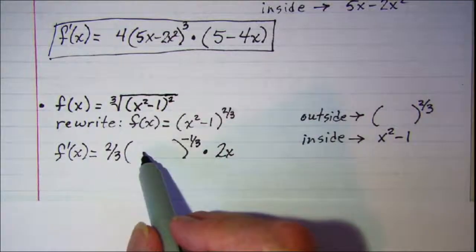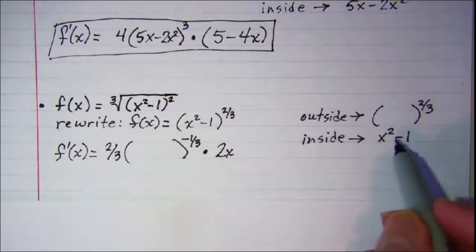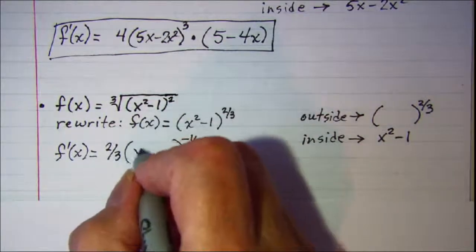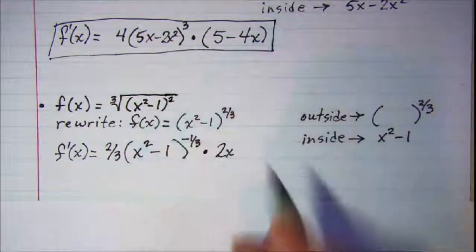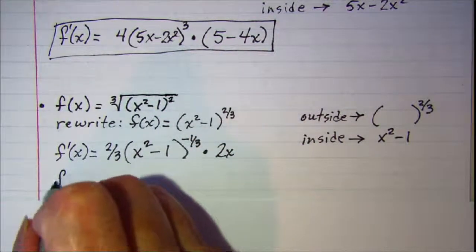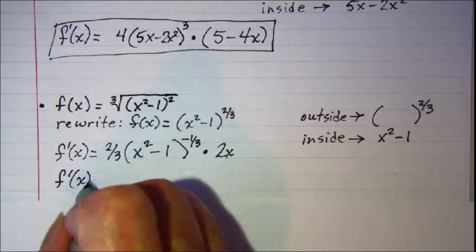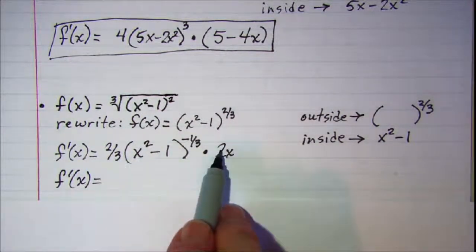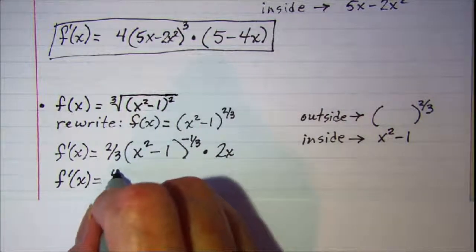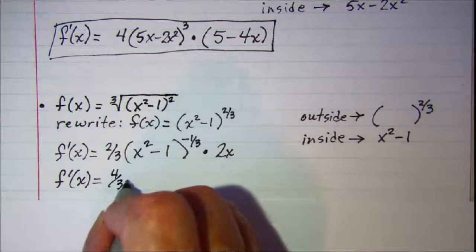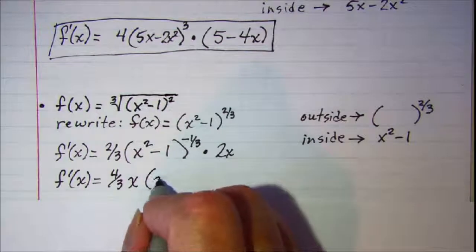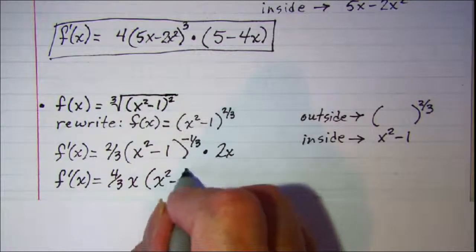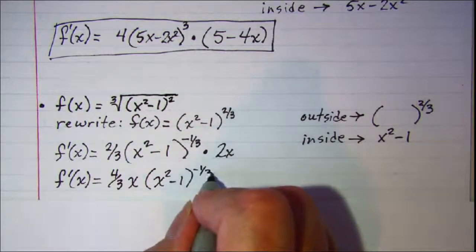Now we can put our quantity back in here. It was x squared minus 1. So our derivative then is, if we multiply 2/3 times 2x, we have 4/3 x multiplied by x squared minus 1 raised to the negative 1/3.